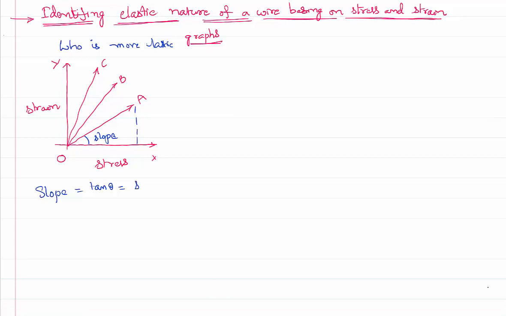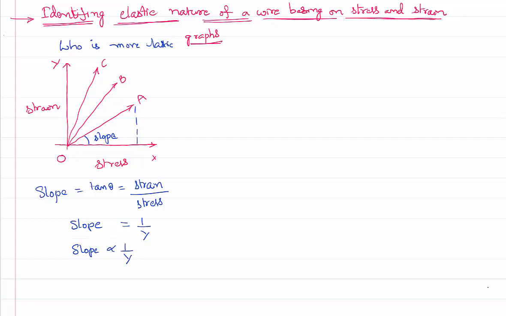Opposite side is nothing but equal to strain. Adjacent side is nothing but equal to stress. We know stress by strain is Young's modulus. Strain by stress is 1 by Young's modulus. Therefore, slope is 1 by Young's modulus, or in the other way, slope is inversely proportional to Young's modulus.